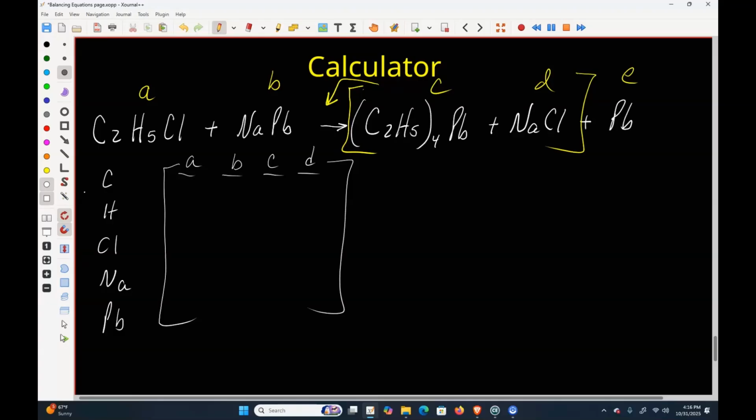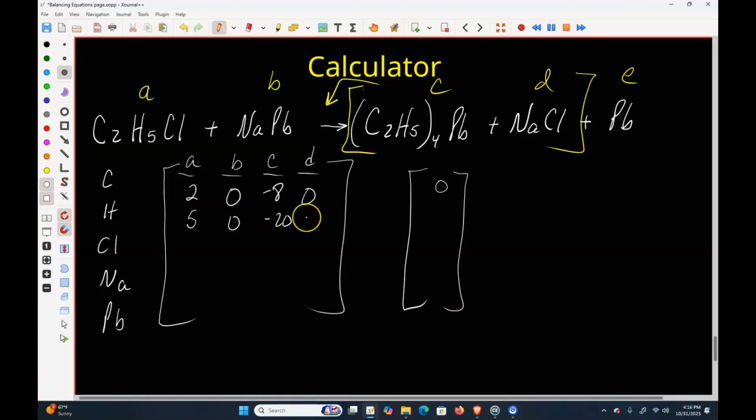All right, so for carbon, I have 2 in A. I have 0. 2 times 4 would be a negative 8. 0. And 0. For hydrogens, I have 5. 0. Negative 20. 0. And 0.